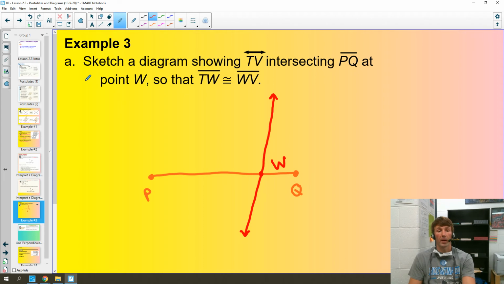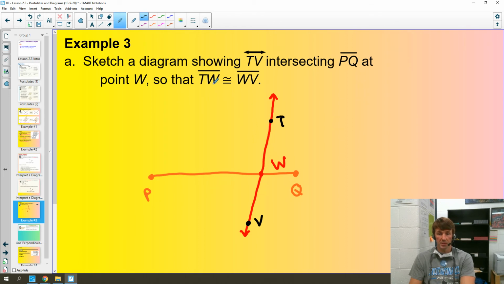And the reason I was waiting to put TW is that I hadn't said it as I was drawing it. I want TW, that's why I put W on first, but I need TW to be congruent to WV. So however far I decide to space out T, I want to go about that same distance for my V. And let's see here, TW should be congruent to WV.